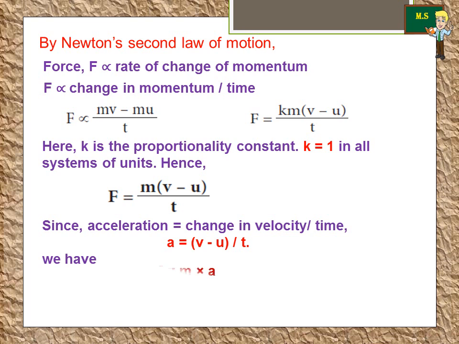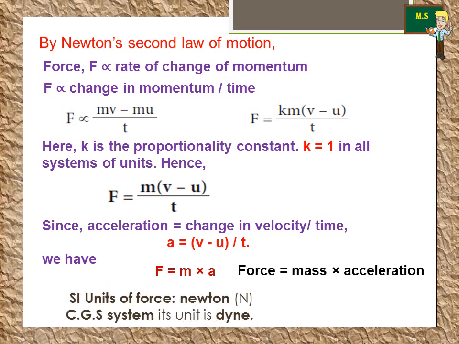We have F is equal to m into a, because instead of (v minus u) by t, we put the acceleration a here. So F is equal to m into a, which means force is equal to mass into acceleration. The SI unit of force is Newton, and in the CGS system we say it as dyne.